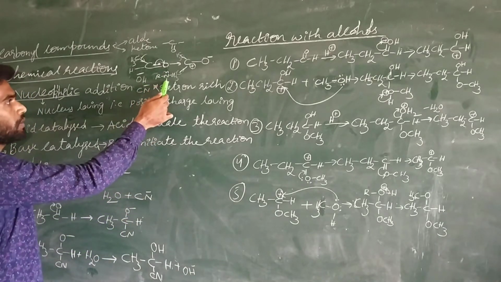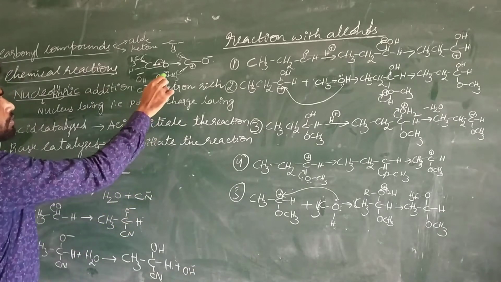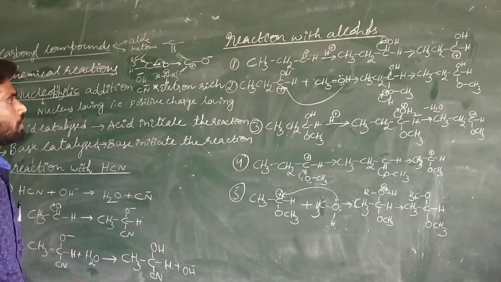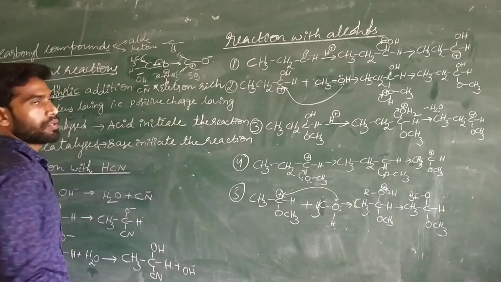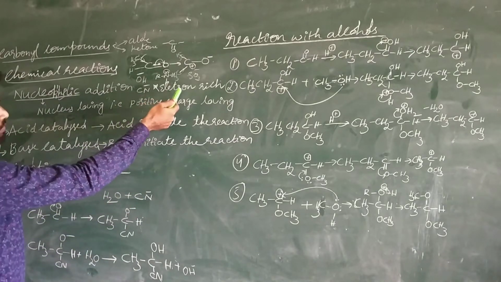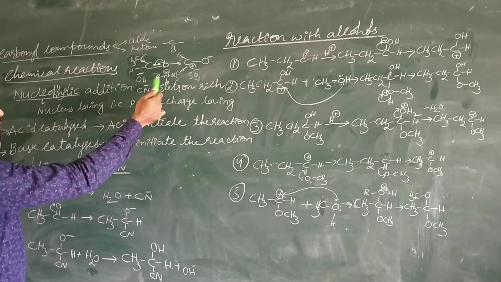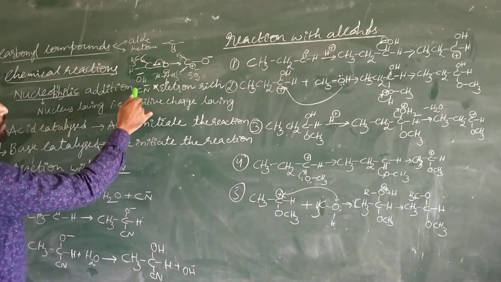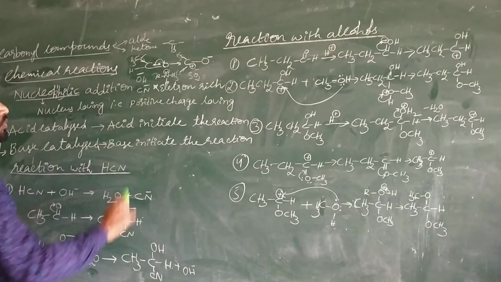And like that, SO3 minus too. These are all nucleophiles. They may be neutral atoms, like nitrogen, which also act as nucleophiles, or electron rich species like OH minus or CN minus, which also act as nucleophiles.